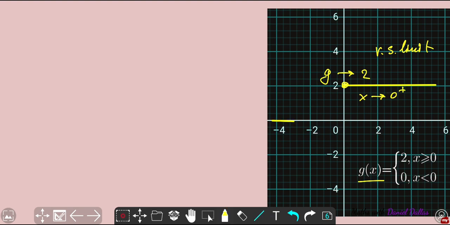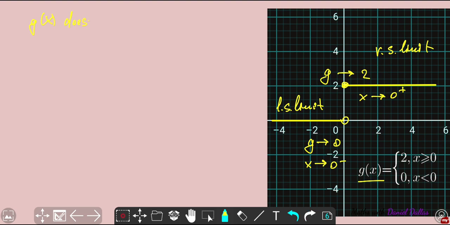While our function is also defined here, and this is the hole point, when we explore the left-side limit, we understand that g value tends to 0 when x tends to 0 from values a little below. So this function doesn't have a single-valued limit, since the one-sided limits differ. That means we don't have any limit at all around this value. So g(x) fails to have a limit.